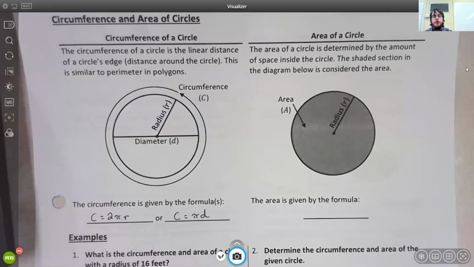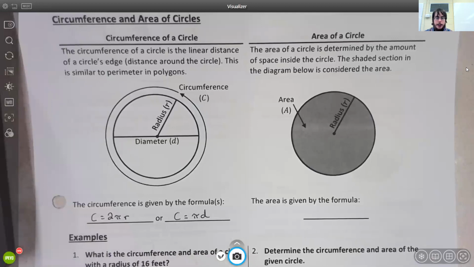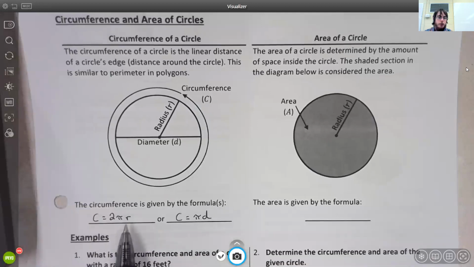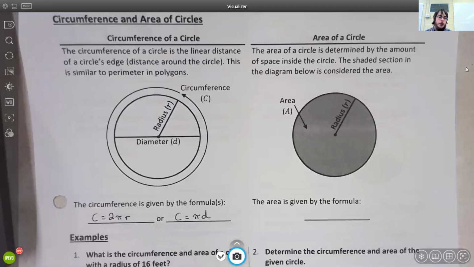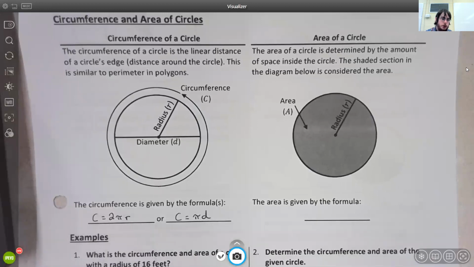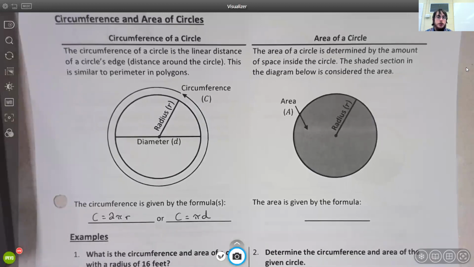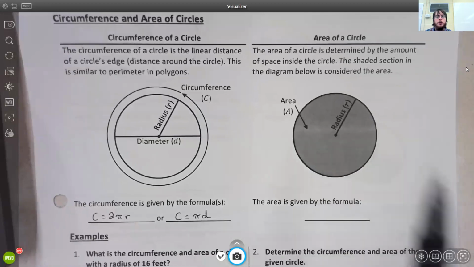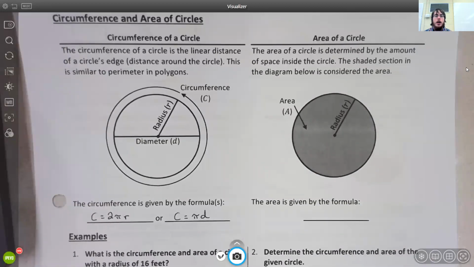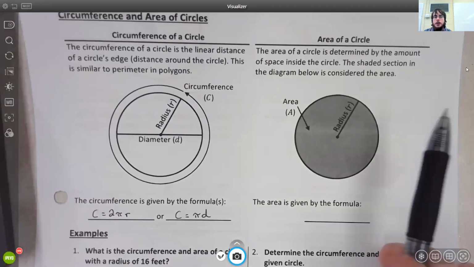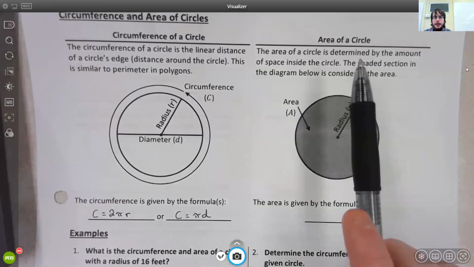Now I would highly recommend using the radius version of the circumference, because if you know your diameter, you can find your radius, and if you already know your radius, you can just plug it straight into the formula. But there's another reason, and that's the formula for the area of a circle. The area of a circle is the amount of space inside the circle.